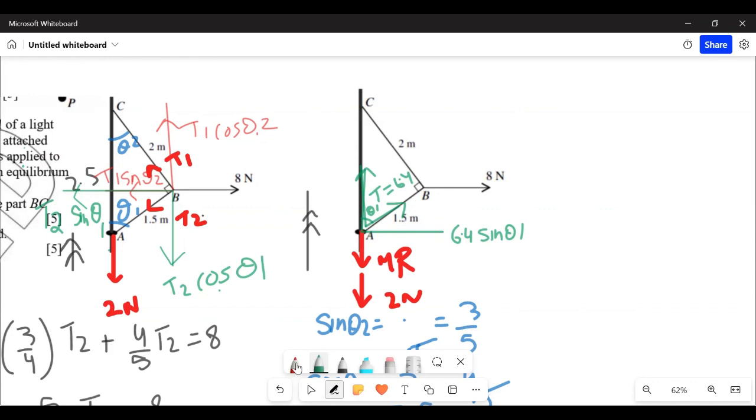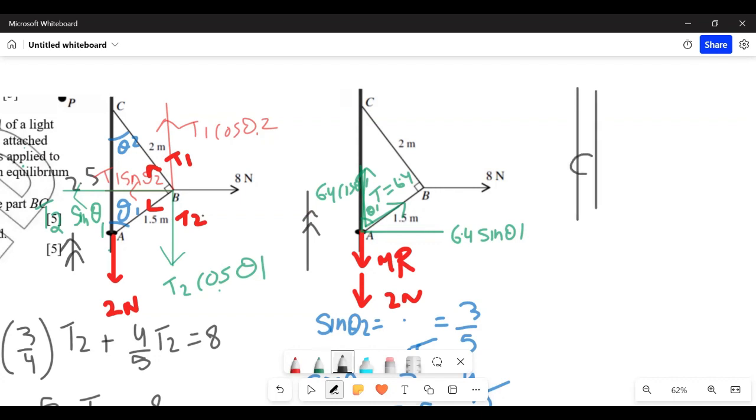So 6.4 cos theta1. Okay. Also, the normal contact force would be, here's the contact, here's the pull because of the tension. So the contact is going to be here, so R is going to be here. So that's an R.